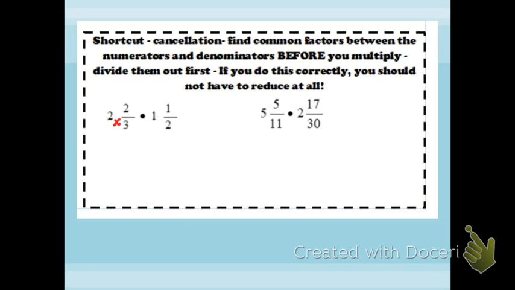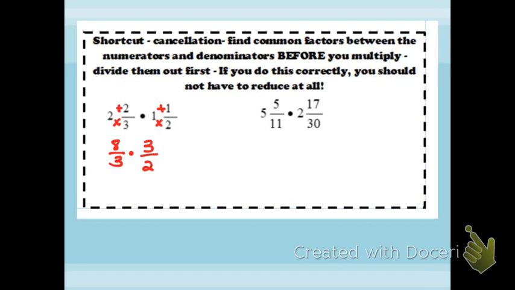So 2 times 3 plus 2, what's that? 8/3 times 1 times 2 plus 1 is 3/2. Now, here's how it works. You look for common factors between the top and the bottom. Numbers that can be divided by the same number and simplify if it were a final answer.